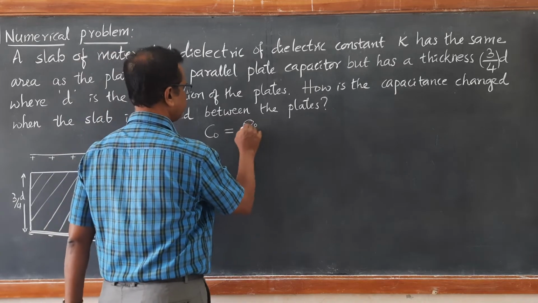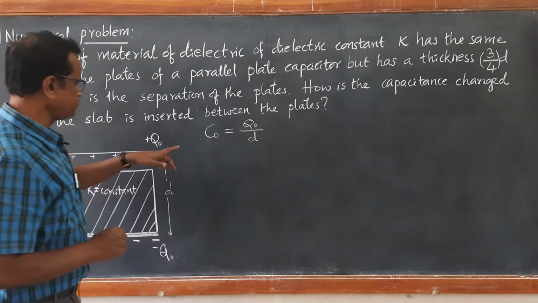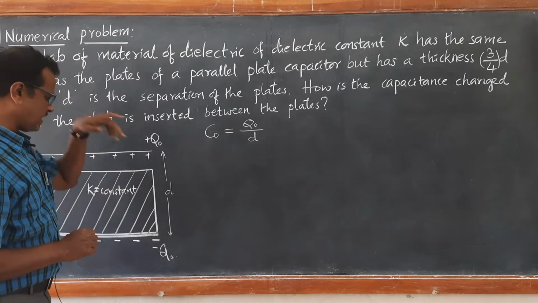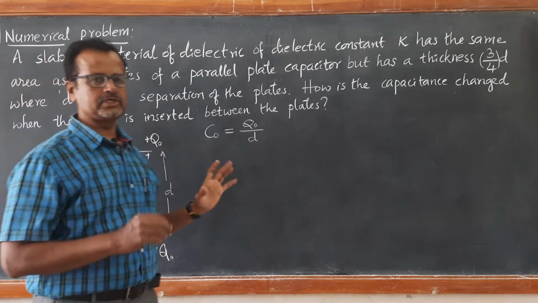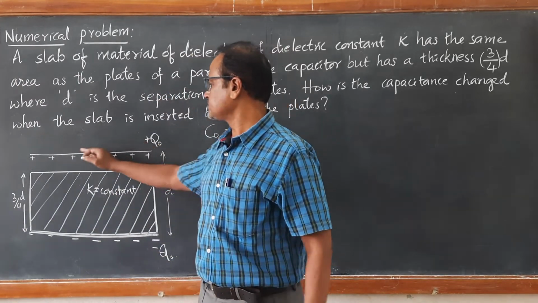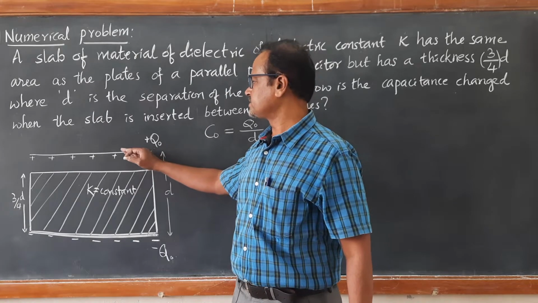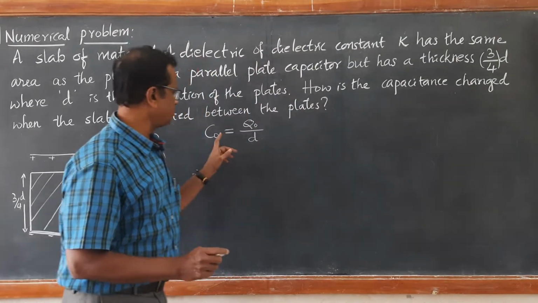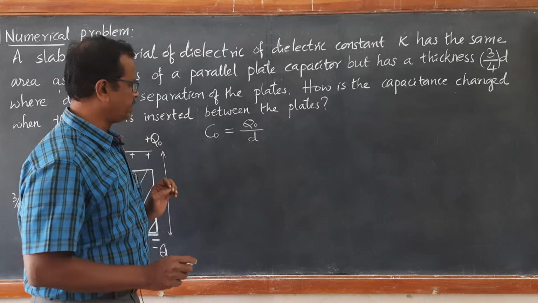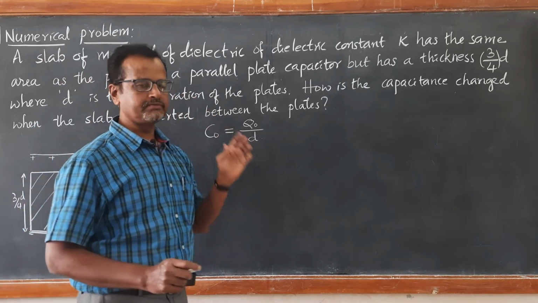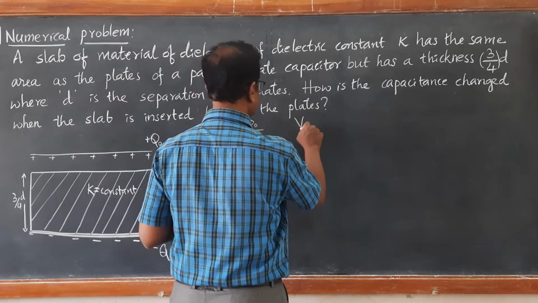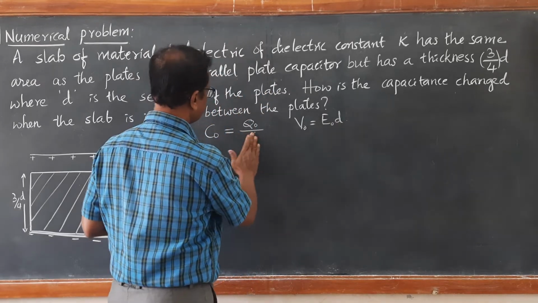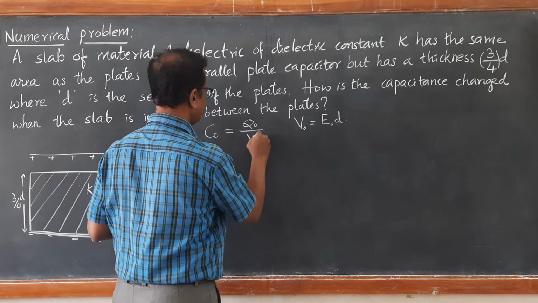C naught is equal to Q naught upon V naught, where Q naught is the charge distributed on the plates: positive Q naught on the upper plate and negative Q naught on the lower plate, right. Here the potential difference is V naught, and V naught is equal to E naught into D. So it is not Q naught by D, it is Q naught by V naught.